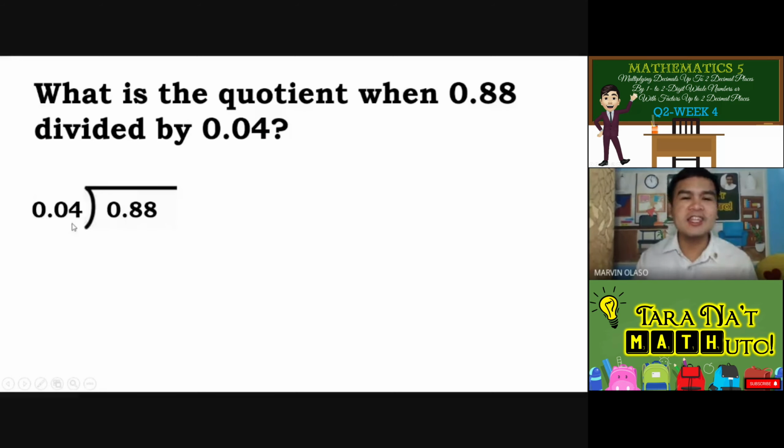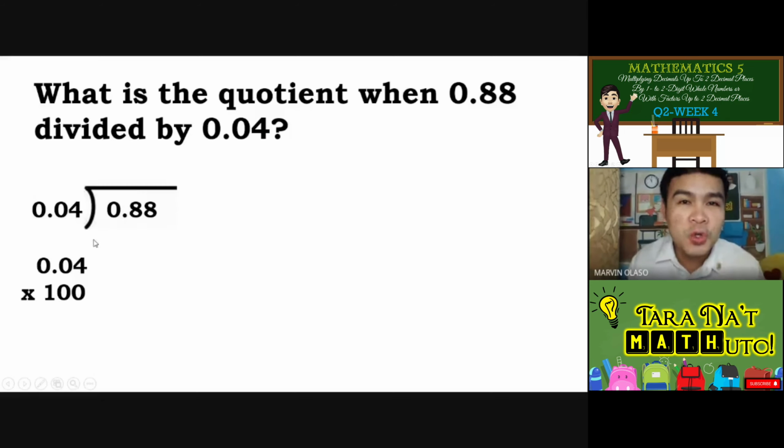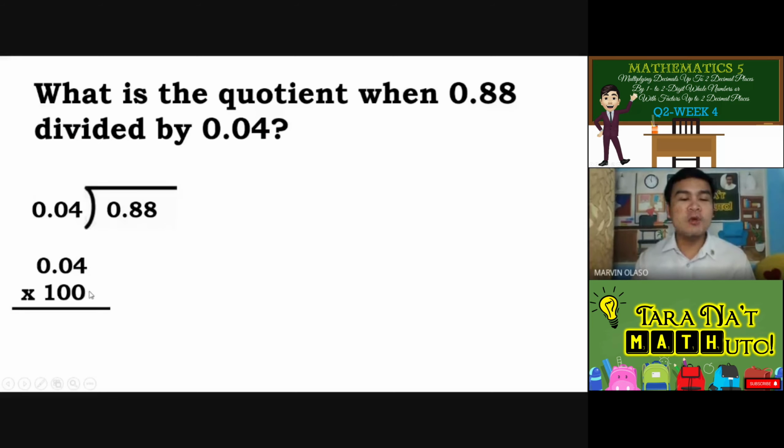So to make it a whole number, we are going to multiply first the divisor 4 hundredths by 100. Bakit po natin minumultiply by 100? To make it a whole number. Okay. So 4, imagine natin na wala yung decimal point. So 4 times 100 is equal to 400. Then dahil may decimal point siya, di ba?